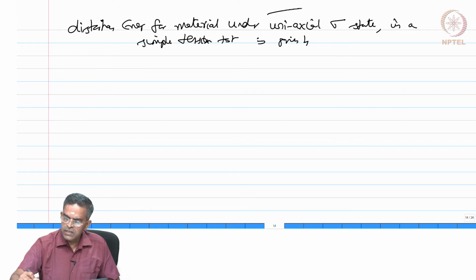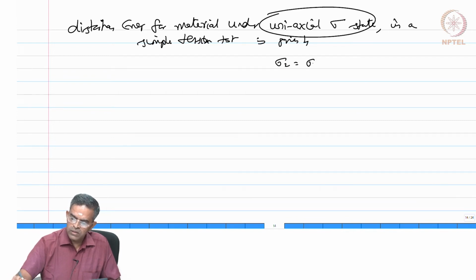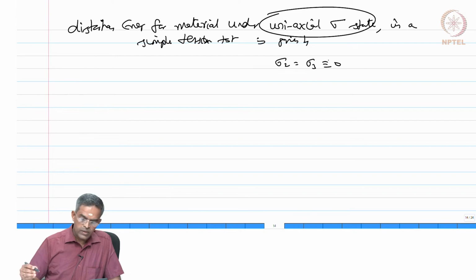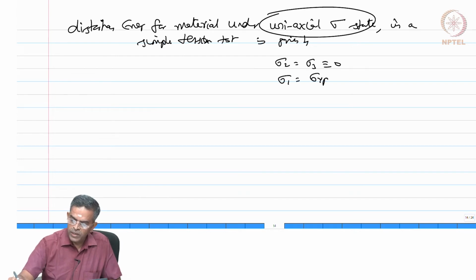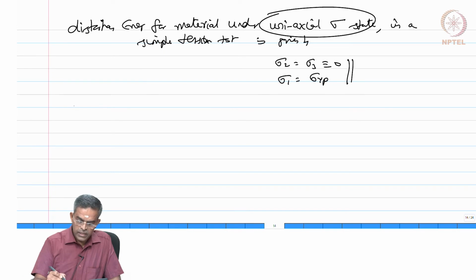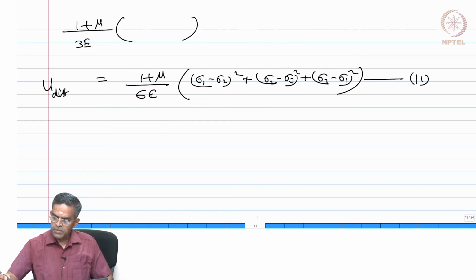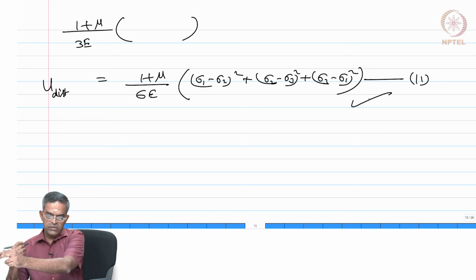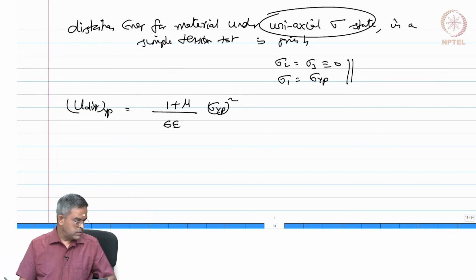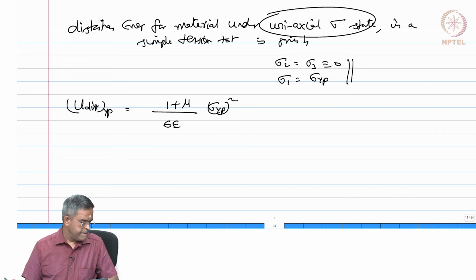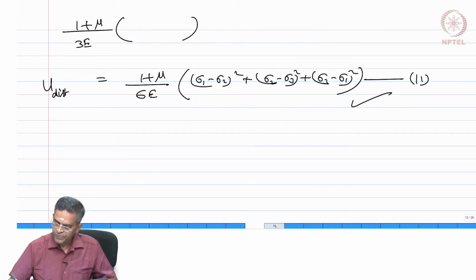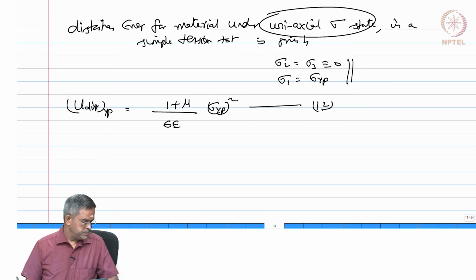So, in a uniaxial stress state, sigma 2 and sigma 3 will be set to 0 and sigma 1 will reach sigma yp, is it not? Hence, U distortion at yield point will be (1 plus mu) by 6E of sigma yp square, am I right? Simply substituting this expression and making sigma 2 and sigma 3 0, you get this, is it not? We call this equation number 12, right.